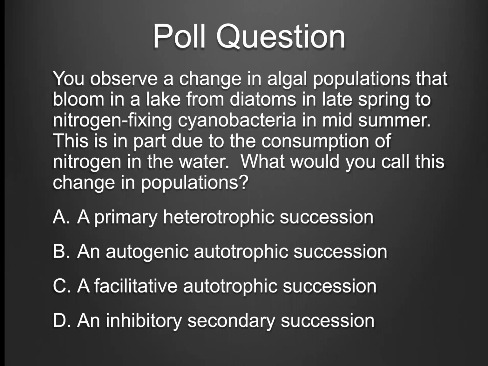So in this case, B was actually the better answer. So it's an autogenic succession where the activities of one organism doomed itself. They made it better for another organism to succeed them or take over time.